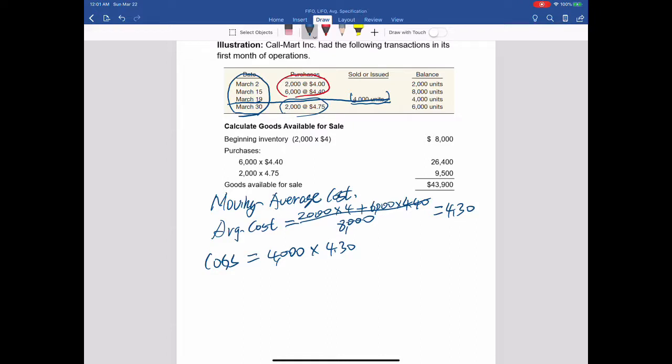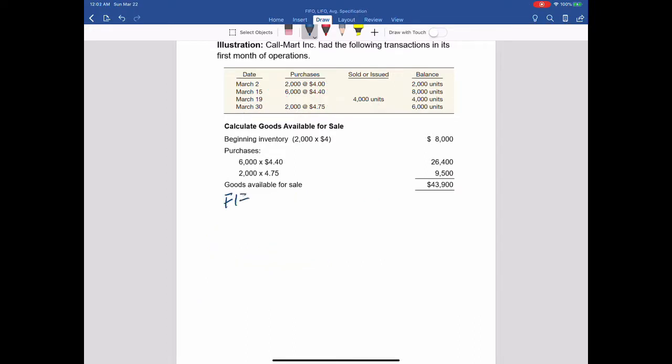Okay, so the cost of the inventory sold is determined by the average of the purchase before this sales, and it is 17,200. So the ending inventory is 43,900 subtract 17,200, that is 26,700.